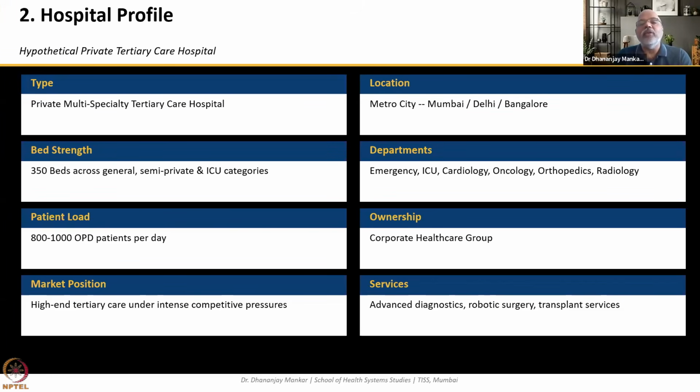Ideally, we can take that this hospital is located in a city like Delhi. We may have three different hypothetical cities, and we can discuss how, if its location is in Bangalore, Delhi or Mumbai, the quality imperatives will be affected.